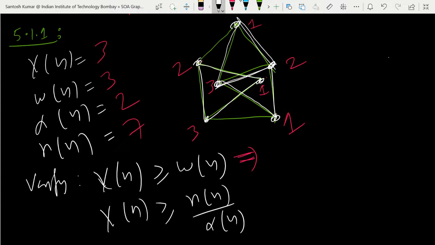Fine, so you can verify now. So 3 is more than. If you see, there is also this edge. So in 5.1.1 there is this edge also, which I missed. No problem, you can do it in a similar way.